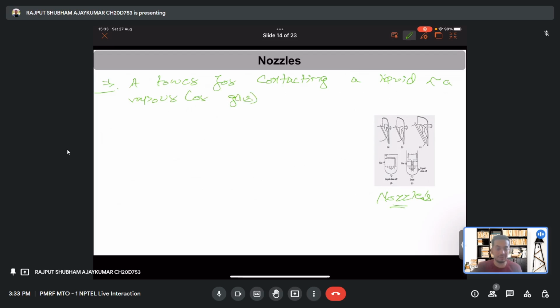Impact tower, tray tower, or the distillation columns should be provided with a few nozzles. So first one is for the feed entry, both gas and liquid.